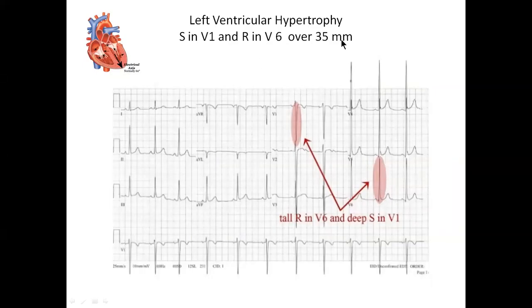If it is over 35 millimeters, then we can say the patient has left ventricular hypertrophy, okay? Again, S in V1, R in V6, and you add them together and it should be more than 35 millimeters. Remember, 1 square is 5 millimeters. Okay?